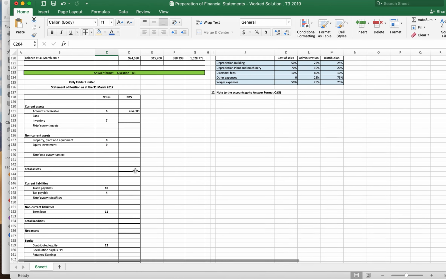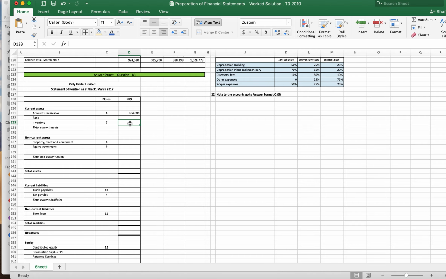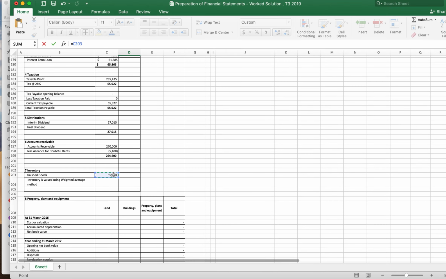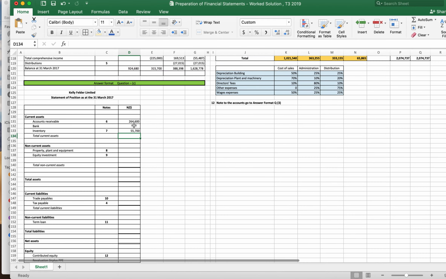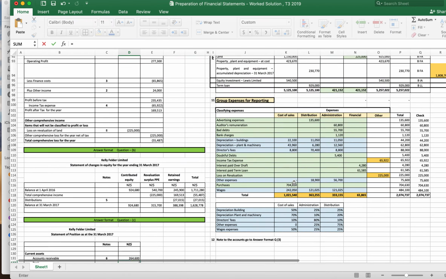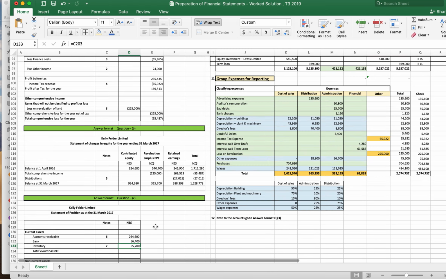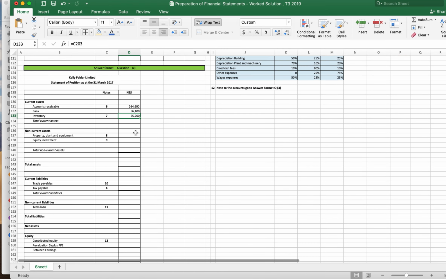Inventory is note 7. And bank is just, there's no note for bank. It's just getting it from up here on the trial balance. So that's good. Total current assets.